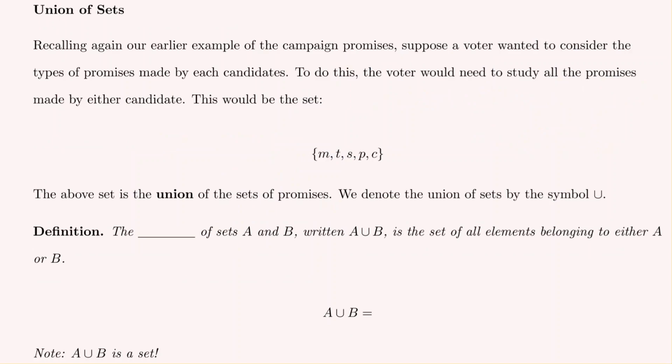The next set operation that we're going to look at is the union of sets. So let's go back to our earlier example of the two political candidates and their campaign promises. We already talked about what campaign promise they share. But suppose a voter wanted to consider all the promises made by any candidate that we were talking about between those two.